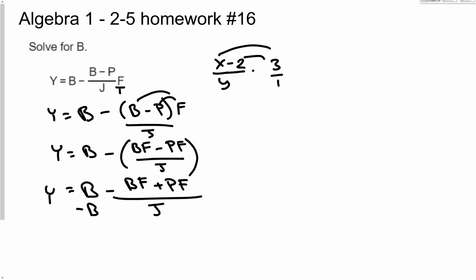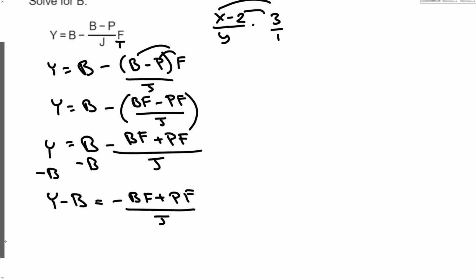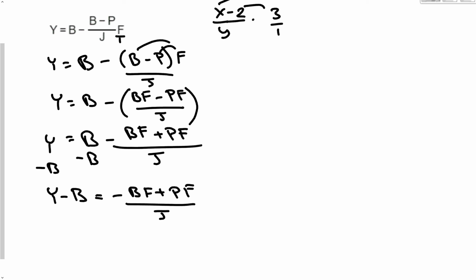So the first thing I want to do is subtract b from both sides. So I get y minus b is going to be equal to negative bf plus pf over j. And as long as I remember my objective is to get the b by itself. Well, I got the b over here, that's good.